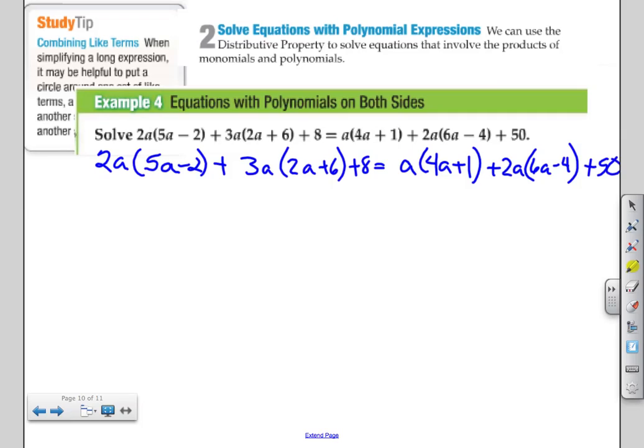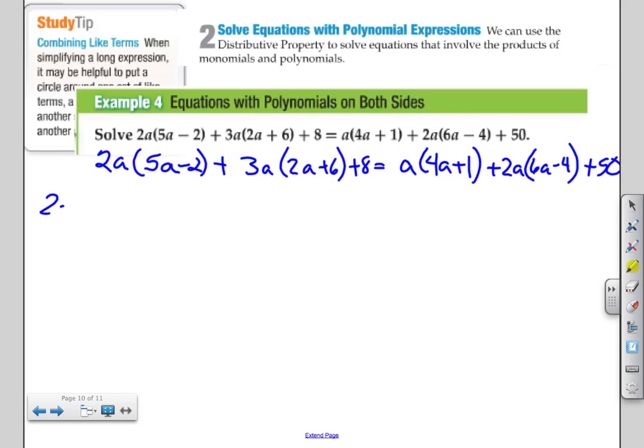That gives me a chance to really look at all the elements in this problem so I don't miss anything. When I first read this problem, I didn't realize there were quite so many things to distribute. Now I realize there really are 1, 2, 3, 4 things that I need to distribute. So let's distribute it.